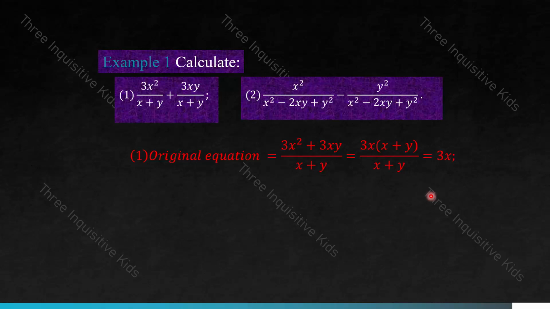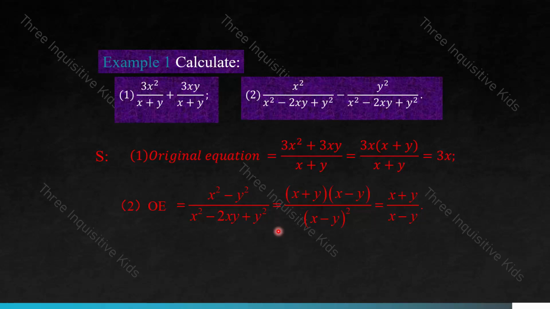Here is something you might have noticed about this second problem. After you subtract the numerators and keep the denominator, you end up with x squared minus y squared over x squared minus 2xy plus y squared. You can actually factor and reduce this fractional expression using formulas.